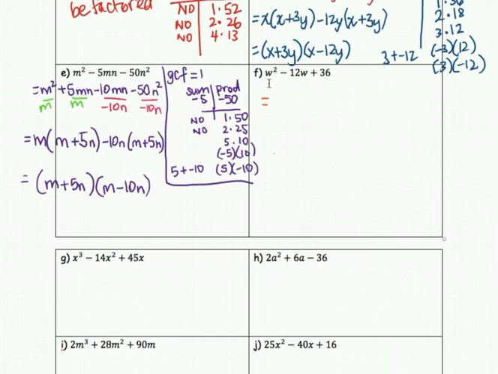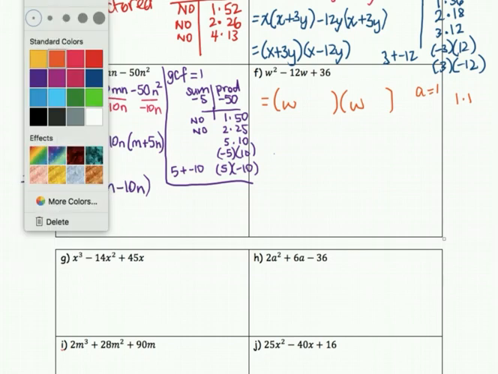Right now I know that A here is 1. This is just me thinking in my head: A is equal to 1. The only numbers that make 1 are 1 times 1, so the only numbers that would be in front of the letter are 1. So I've got that part set. Now I have to think of what numbers multiply to make 36, which is the C value.